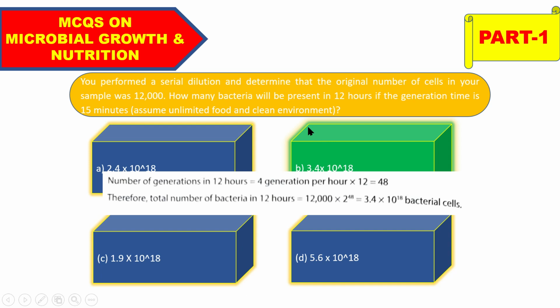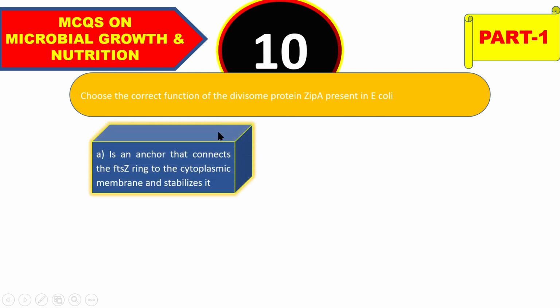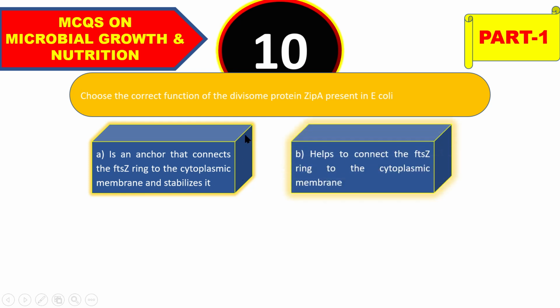Okay, so move on to the next, that is choose the correct function of the divisome protein ZipA present in E. coli. It is an anchor that connects the FtsZ ring to the cytoplasmic membrane and stabilizes it. Next, helps to connect the FtsZ ring to the cytoplasmic membrane.